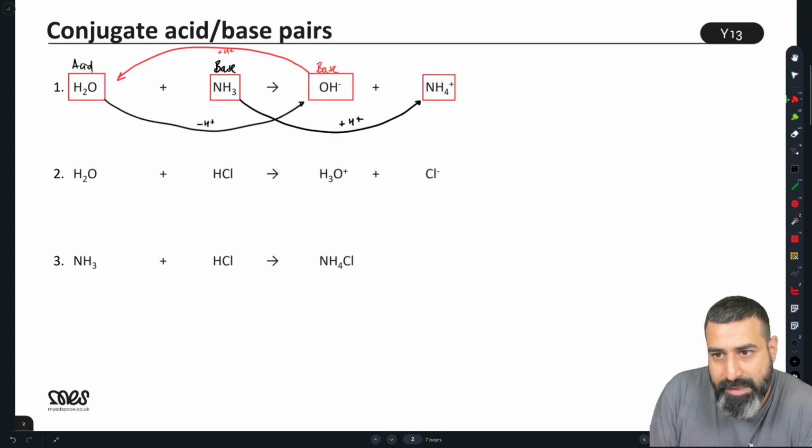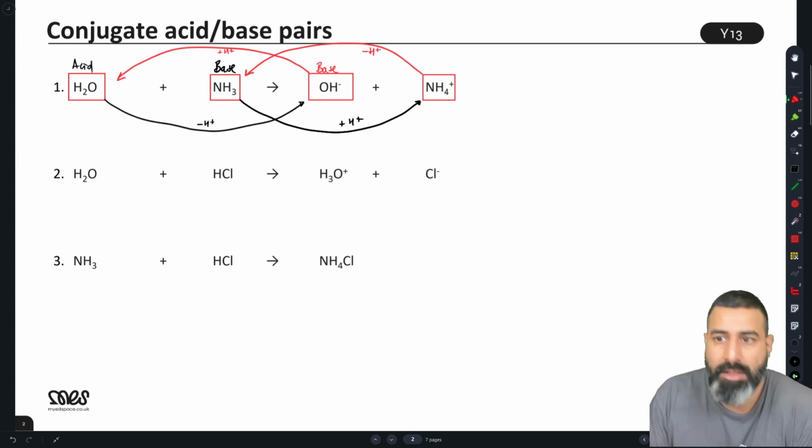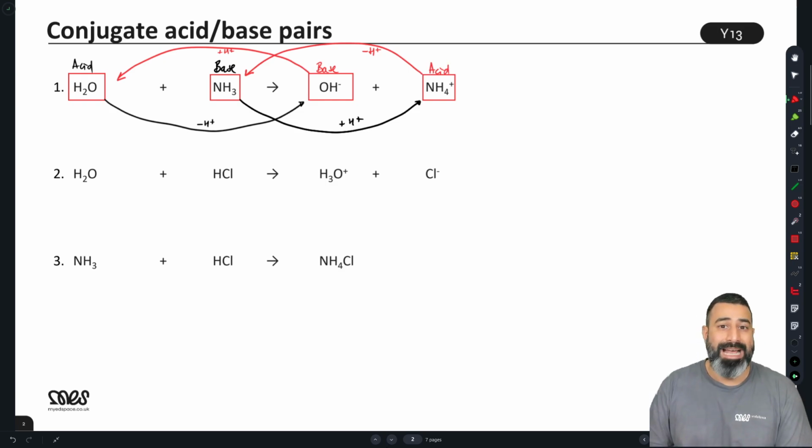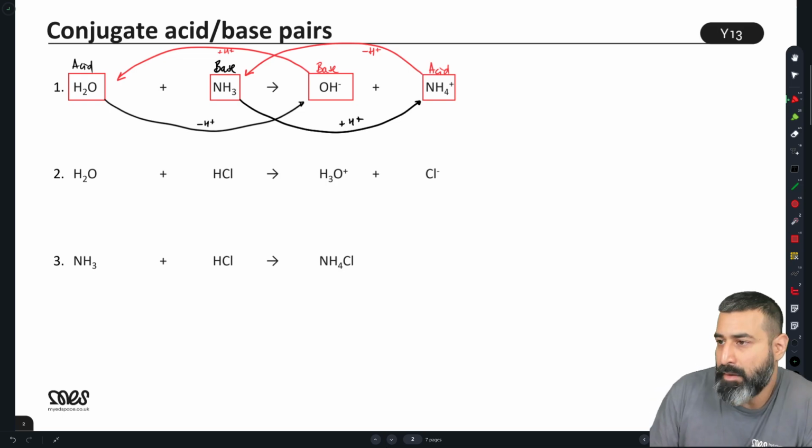And then using the same logic, what's happening to my NH4+ when it goes to NH3? Well, this is losing an H+, so therefore my ammonium ion is behaving like an acid. So there I have my acid-base pairs on the left and right. Okay, so that's how I would do it.